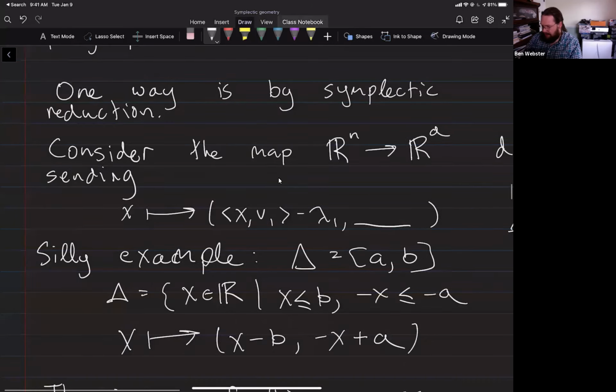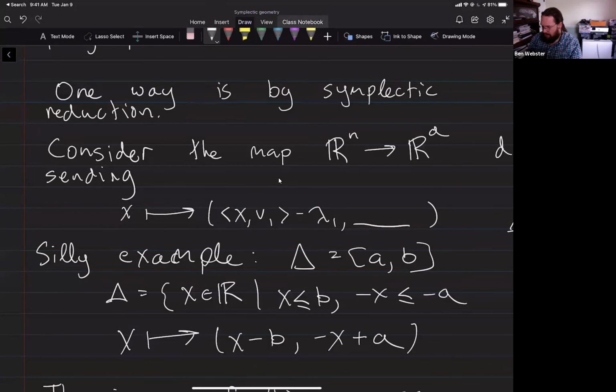So using that definition, the natural thing to do is to send R^n to R^d by sending x to this inner product with each v_i minus lambda_i. So the first entry is the inner product of x with v_1 minus lambda_1, etc.